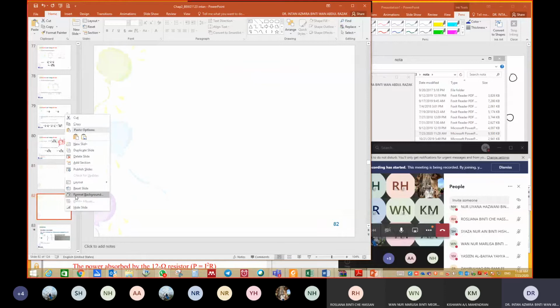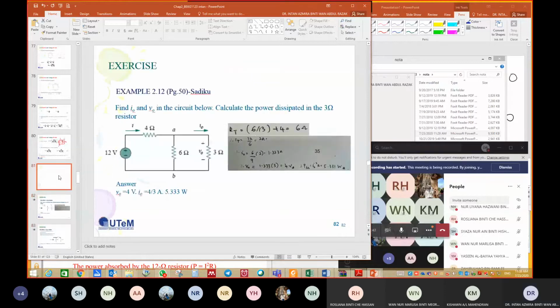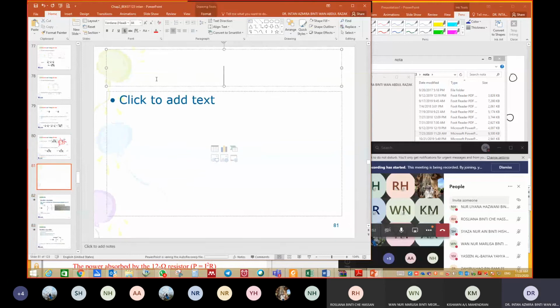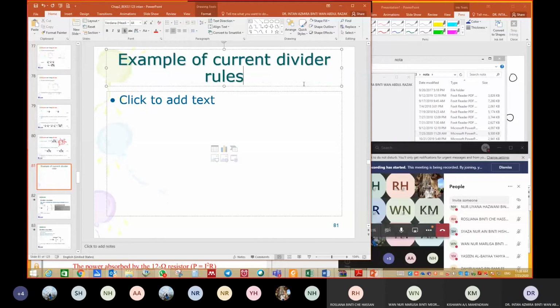Okay, add another example of the current divider principle, current divider rules.